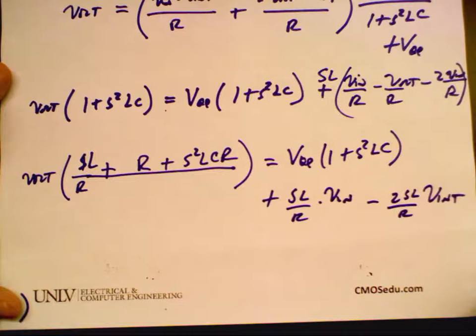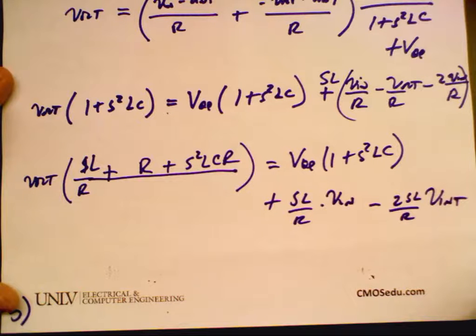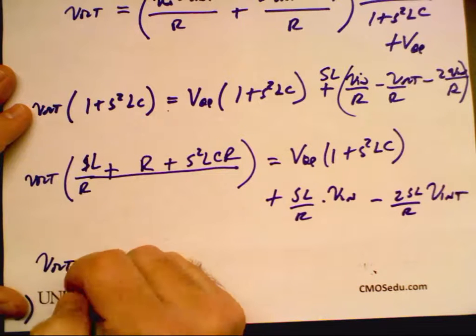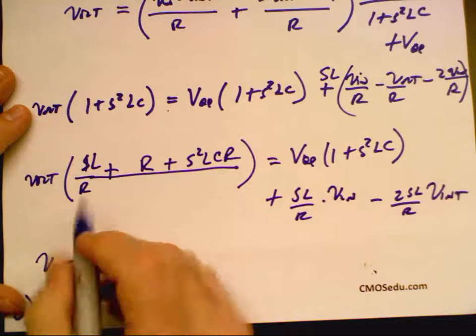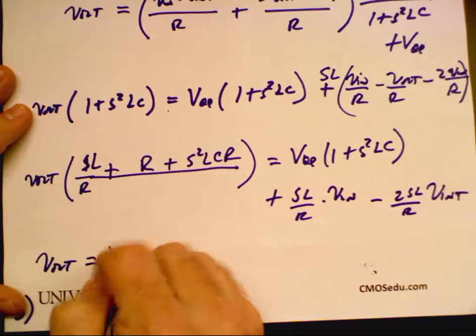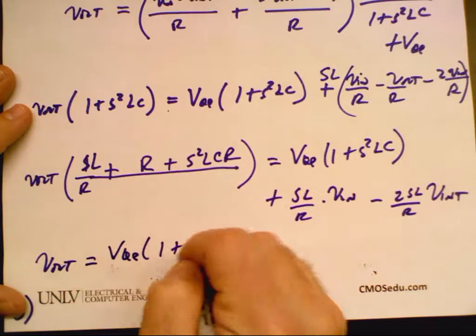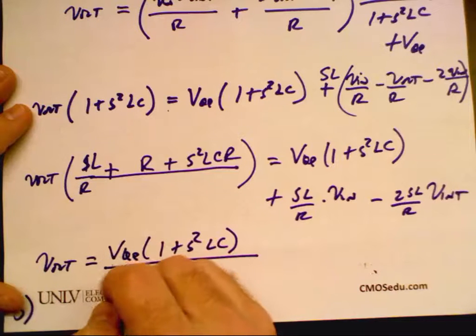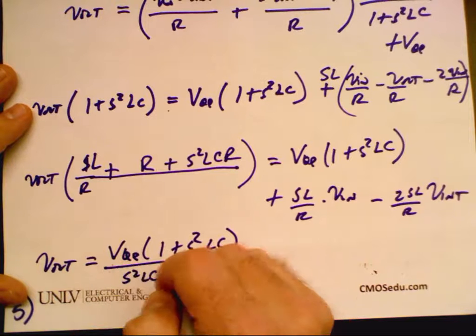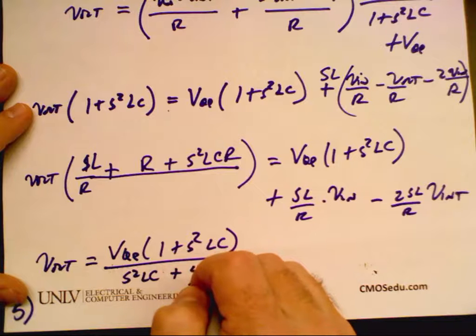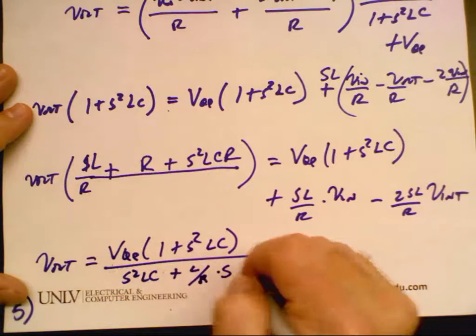And then last but not least, let's multiply both sides times R over SL plus R. So we get V out times, I'm going to multiply top and bottom of this by 1 over R. So I get VQE times 1 plus S squared LC all over S squared LC plus L over R times S plus 1.